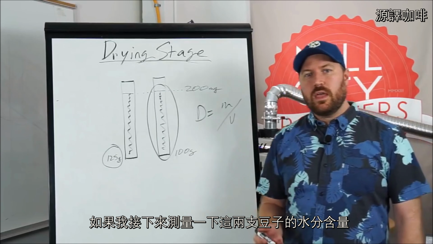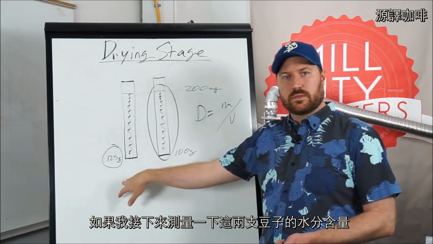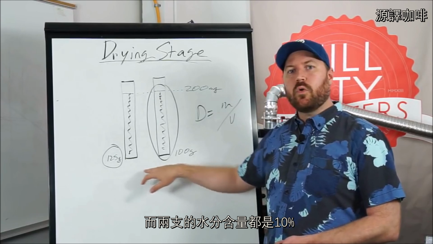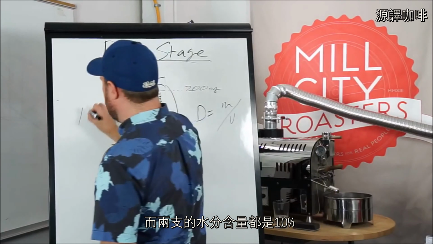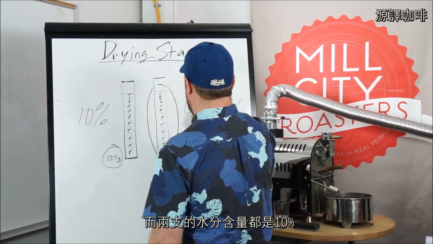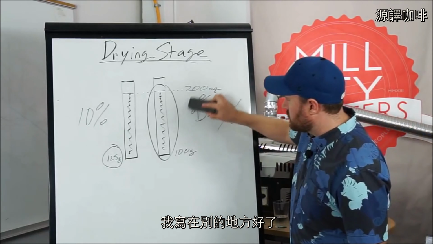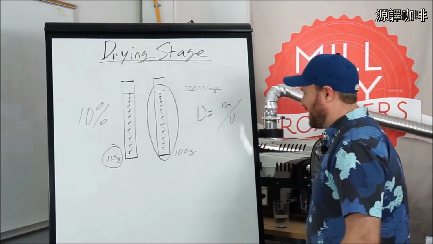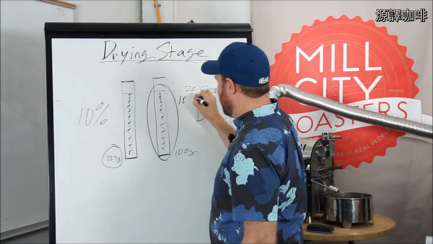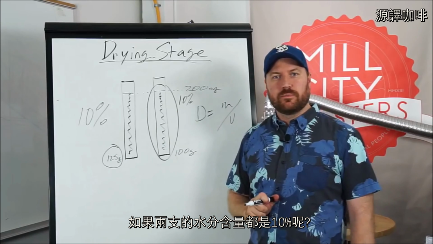Now what if I then took a moisture measurement on these 2 coffees? And both of these coffees read 10%. What if both of these are 10% moisture?